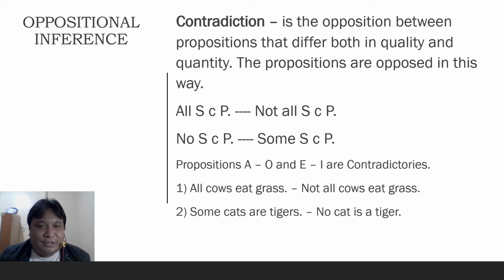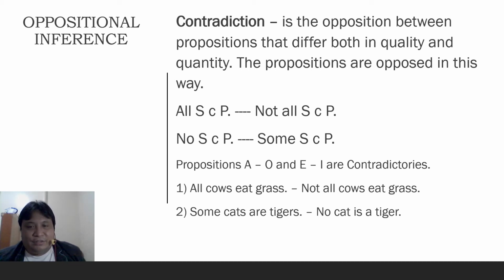Another one is no S copula P to some S copula P. So E proposition to I proposition, or I to E and vice versa, are also contradictories. Propositions A and O, E and I, or I and E are contradictories.